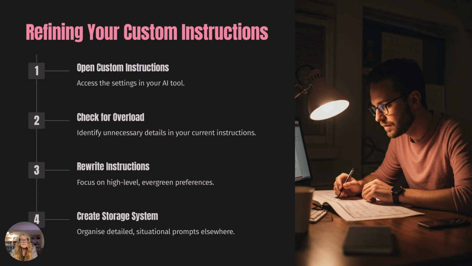Remove anything that isn't relevant to every single interaction and focus only on the essentials: who you are, your language and style preferences. And step 4, test your new setup. Try asking AI a few different types of questions and see if it responds more naturally. If you need extra guidance for a specific task, store that as a separate prompt instead. And remember, AI works best when you are clear and provide relevant context.